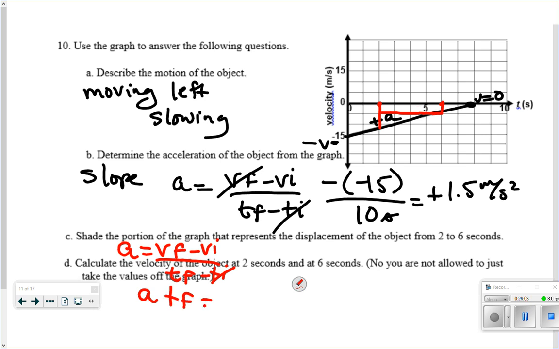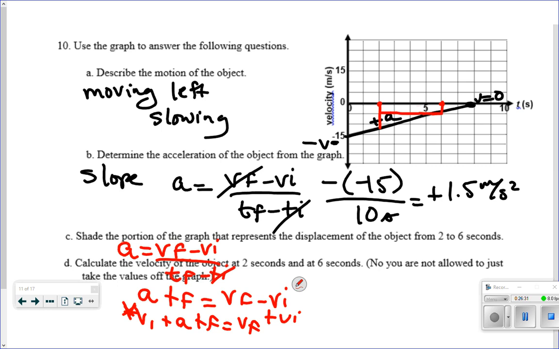Multiply both sides. Get the TF out of there. I'm going to move over the VI. VI plus ATF equals VF. Keeping that in mind, I can just use that equation twice, quite frankly, with these guys right here.